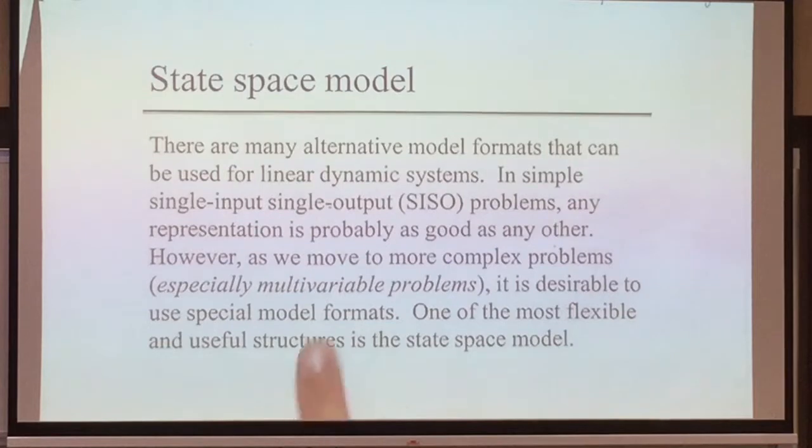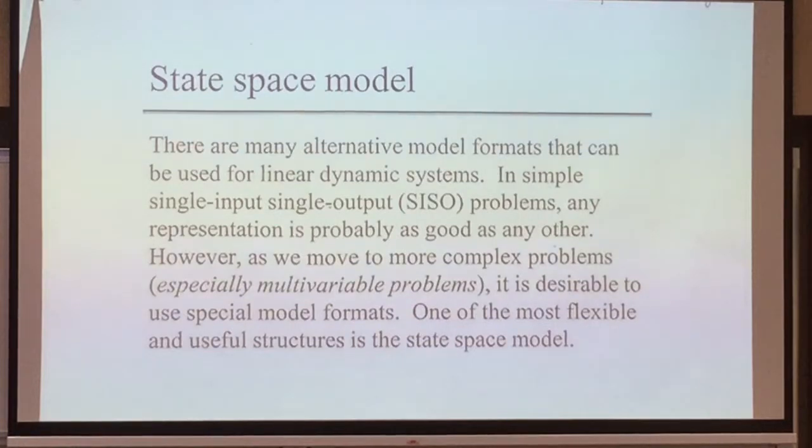Okay? But when you move to more complex problems, that's when I tell you, hey, I want to measure the angle of rotation of the robot arm. I also want the speed, I also want the acceleration. And I want to control both the angle and the speed. So I put in inputs and 3 outputs. Okay? So this is a multi-variable problem.